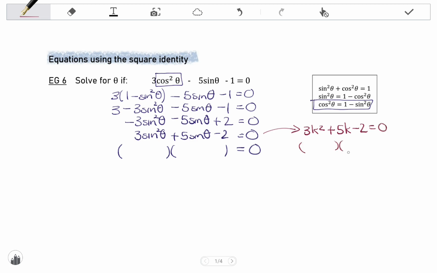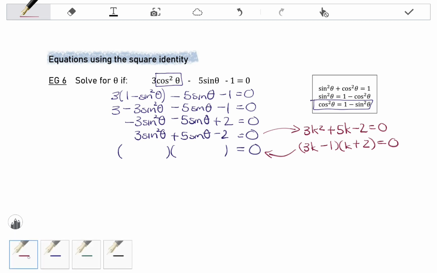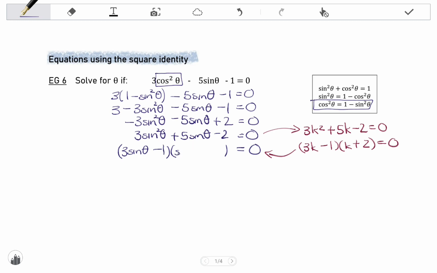This you should be able to factorize more readily. 3k, k, so my factors are 2 and 1, so if I have 3 times 2, that would give me positive 6, minus 1 would give me negative 5k. So my middle term would become 5k, last term would be negative 2. Once you factorize that, write it back in terms of sin theta. So we would have 3 sin theta minus 1 in the first bracket, and instead of k in the second bracket, I have sin theta plus 2.